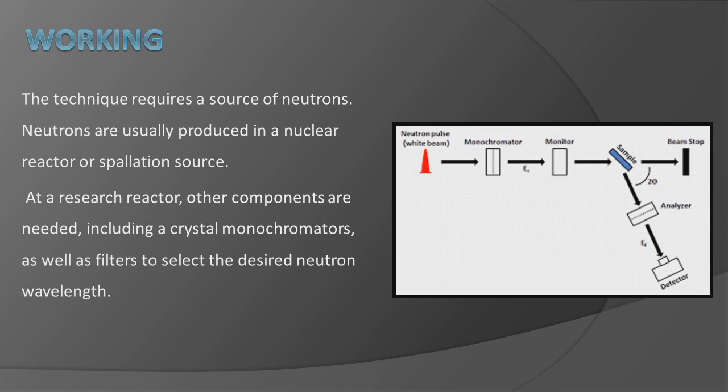The source here is neutron, and the source of the neutron is usually a nuclear reactor, and it is altered by using a monochromator or a kind of crystal monochromator. The wavelength has to be 0.1 nanometers, nearly equal to X-rays, so that it can easily measure the various factors of that particular sample. Filters are also used to get the desired neutron wavelength.